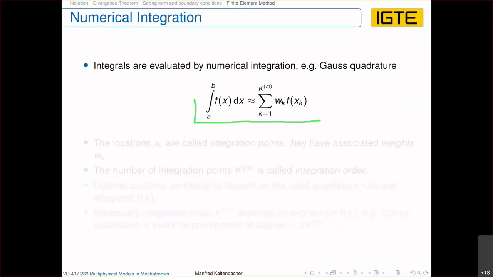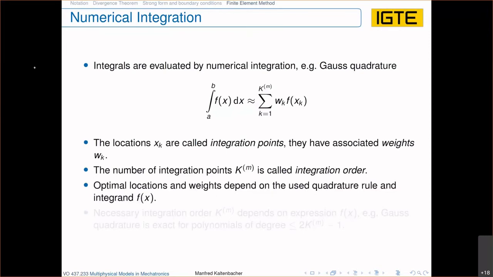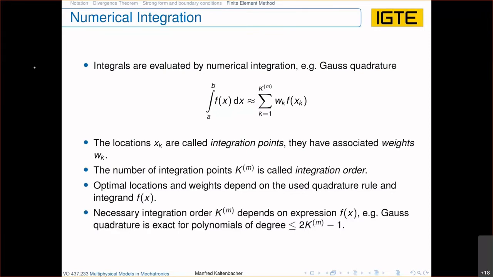Due to this fact, we have some additional freedom in how to choose the positions xk in the elements and the weights wk. The number of integration points will then give us the integration order, and we clearly will look for optimal locations and optimal weights in order to get highly accurate numerical integration.